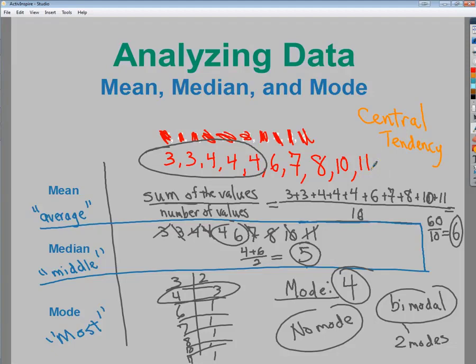So sometimes you have to tell which one better analyzes the data. Median will always tell you the middle, but it doesn't necessarily.